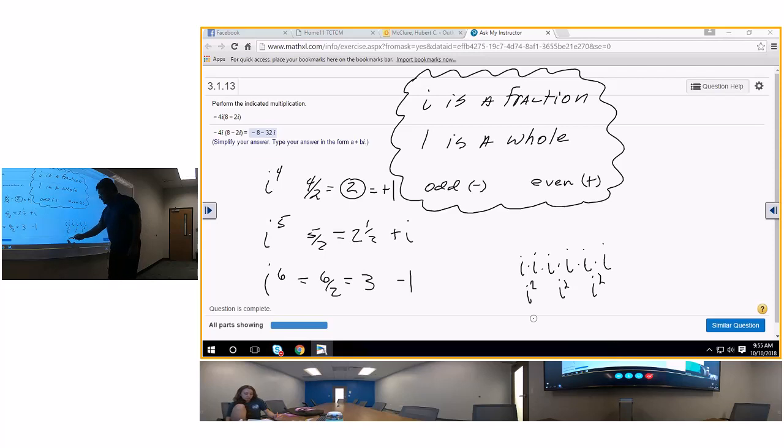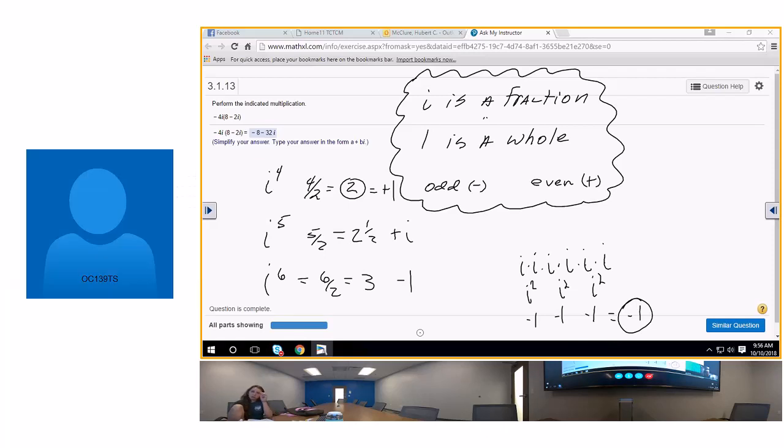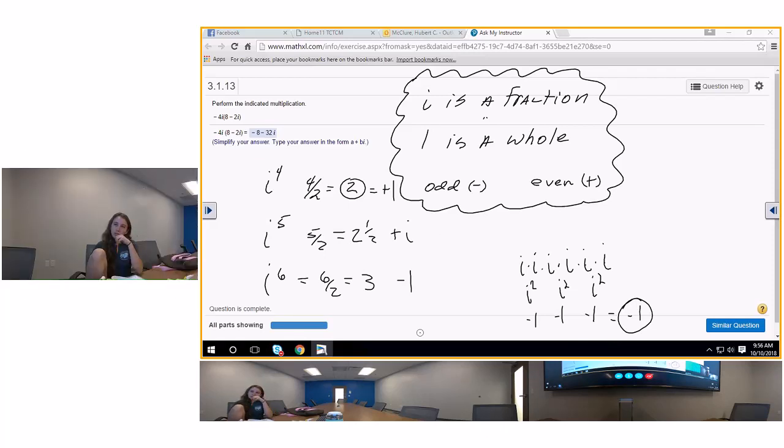What's i squared? -1, -1, -1. What's -1 times -1? Positive 1. What's positive 1 times -1? -1. Instead of doing all of that, you can just do this. And you just divide it by 2 and then match it up.